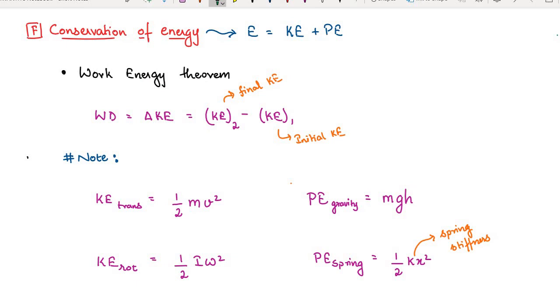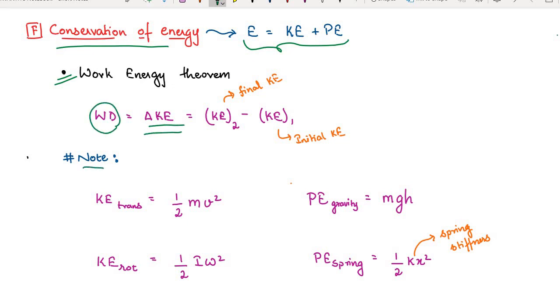The next topic is conservation of energy. In engineering mechanics, the energy is equal to the sum of kinetic energy and potential energy. And for solving problems, we use the work energy theorem, which states that the change in kinetic energy of the body is equal to the work done.